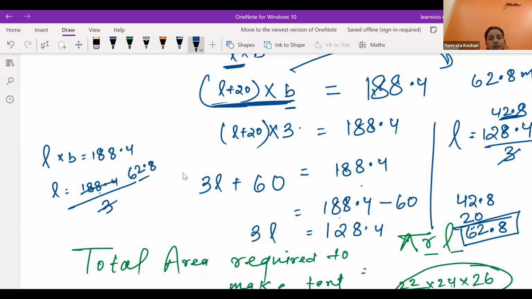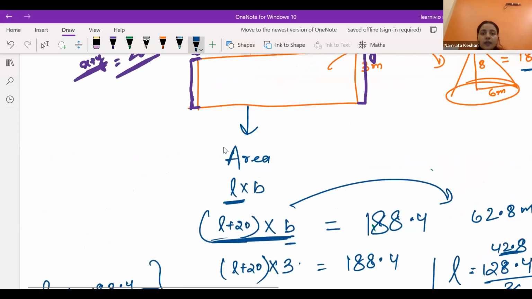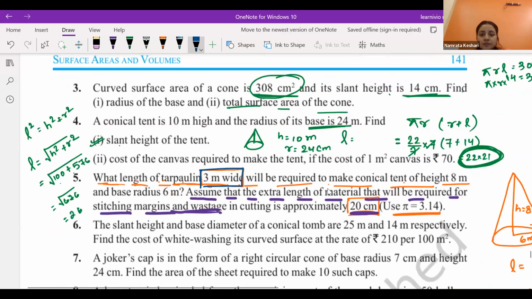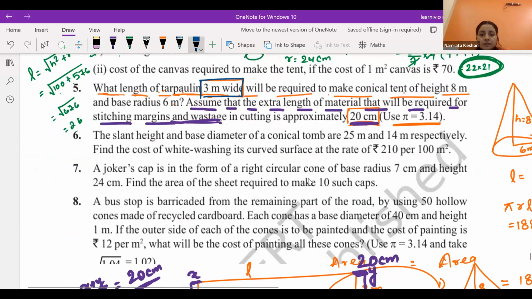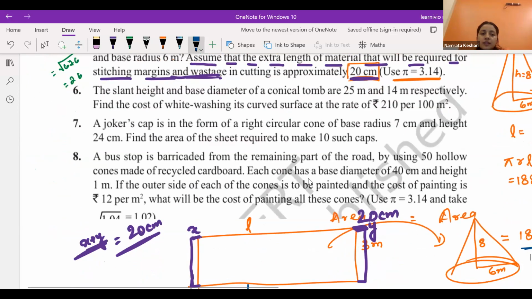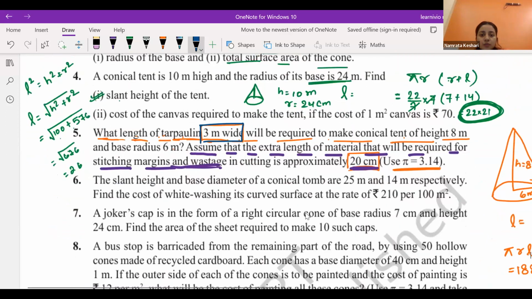Yeah, see, directly also we are getting the actual length. Can you see it? From here we understand there is a cutout portion. Are you getting it? Yes, ma'am, we can do it this way also.